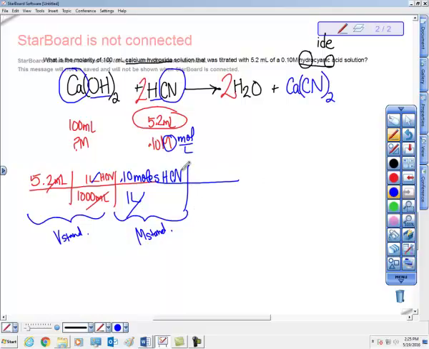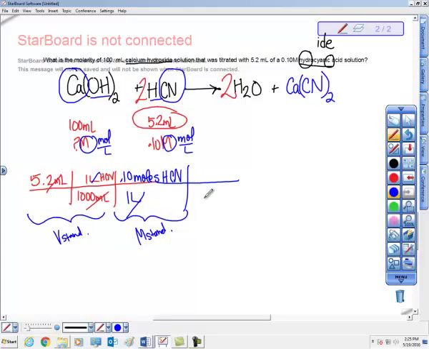What comes next? Because this is the next part. Right now you're on hydrocyanic acid. You're trying to get the molarity of the calcium hydroxide. You've got the volume, but what do you need for molarity again? You need moles. How do I get that? You're on moles of HCN. Mole to mole ratio, that's right, and it comes from the balanced reaction. So the next critical piece is that mole to mole ratio.